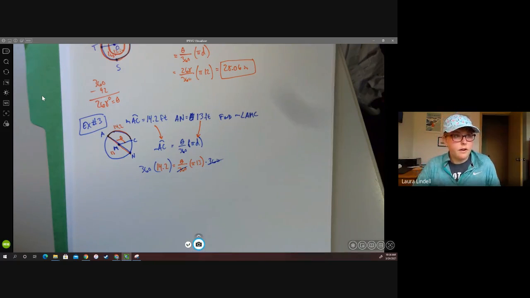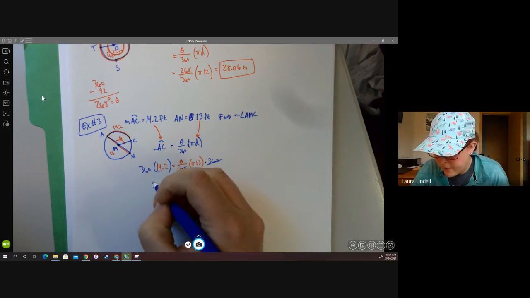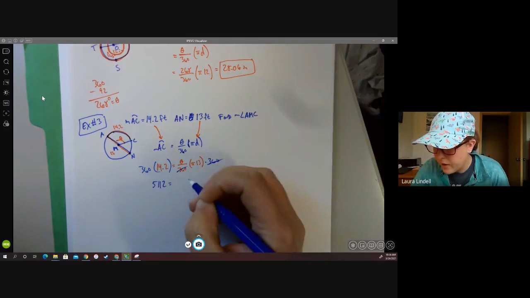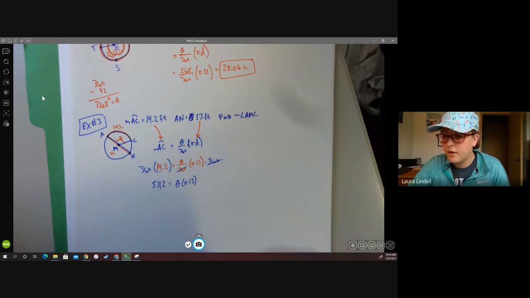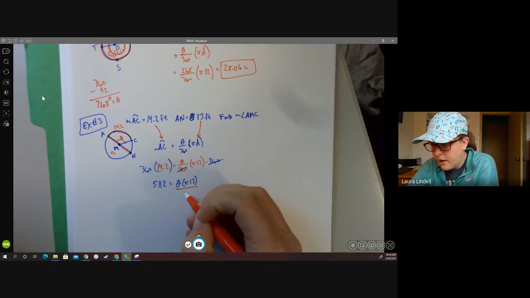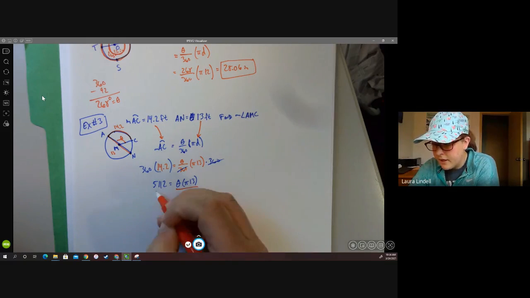And in my calculator, 360 times 14.2 gives me 5,112. And over here, we're left with theta times pi times 13. Then my last step, divide by pi and 13.